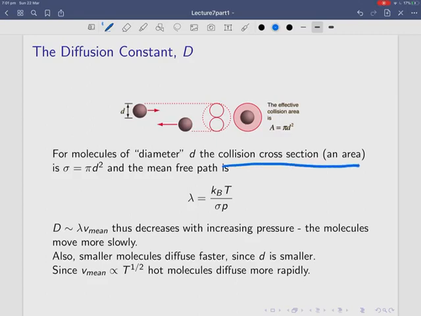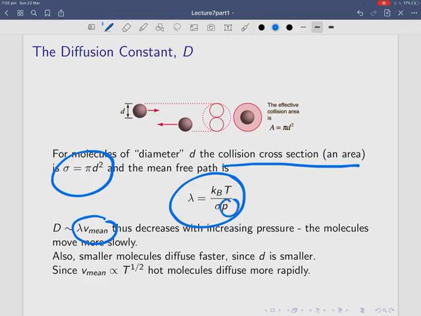The collision cross-section, an area, is just that, which we met before, and the mean free path is just kBT on sigma p. So this means the diffusion constant, which is lambda times v mean, decreases with increasing pressure. The molecules move more slowly, so they diffuse more slowly. If you increase the pressure, the molecules diffuse much more slowly here, because lambda goes as 1/p.